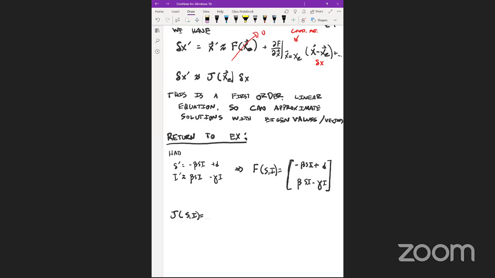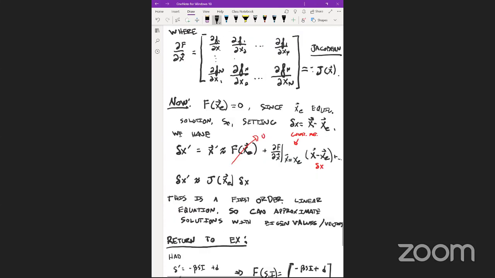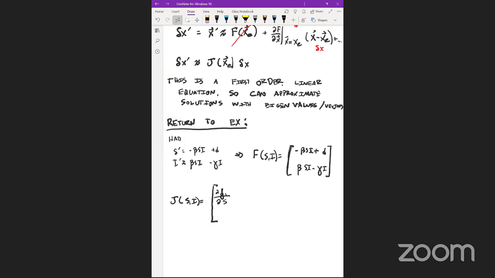Since I don't have a unified vector for S and I, I'm just not going to bother writing that, but this is going to be dF1/dS, dF1/dI, dF2/dS, dF2/dI. It takes on a relatively straightforward form.